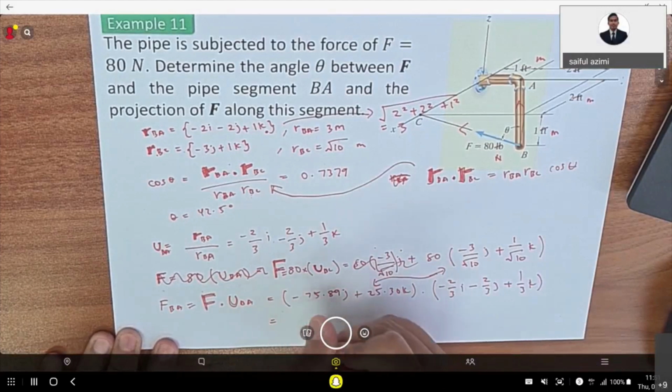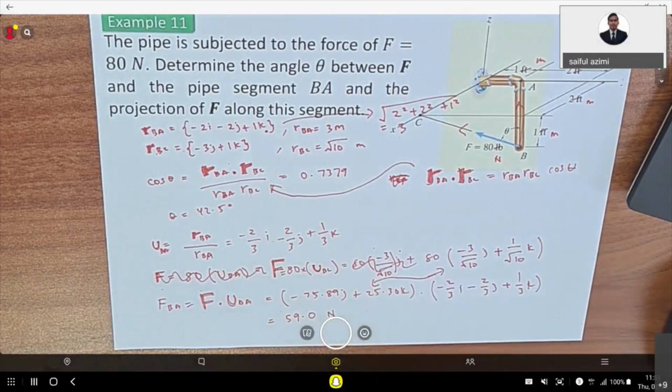And then you will get the answer of 59.0 Newton.